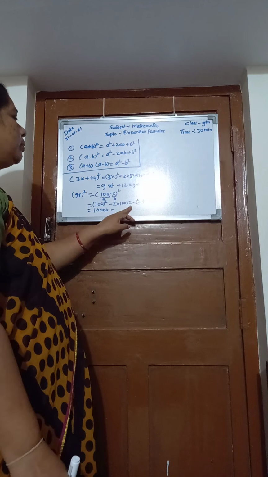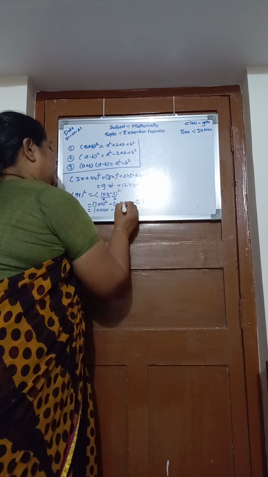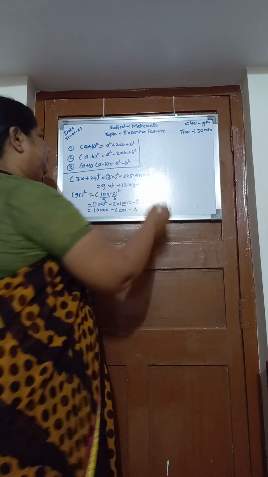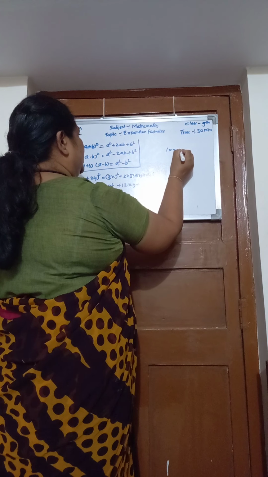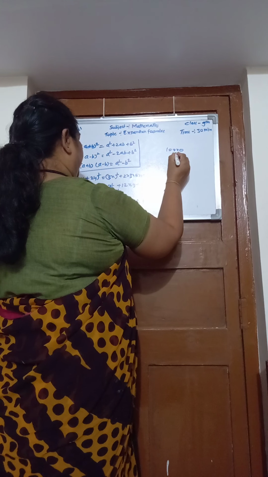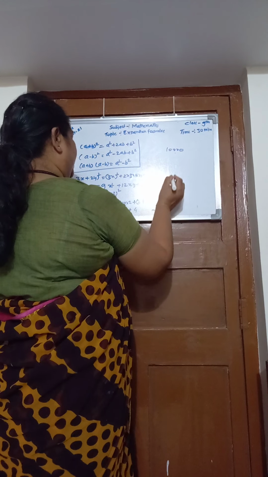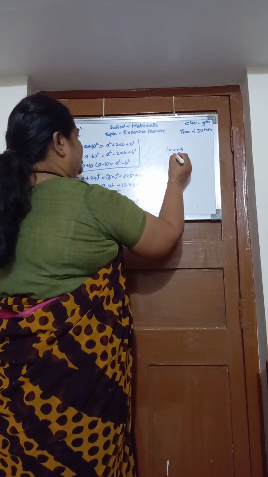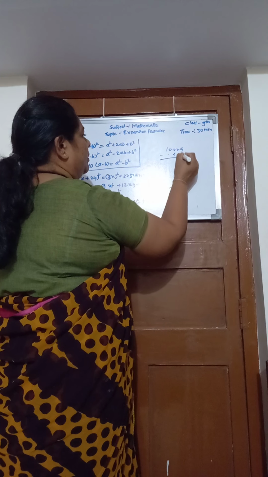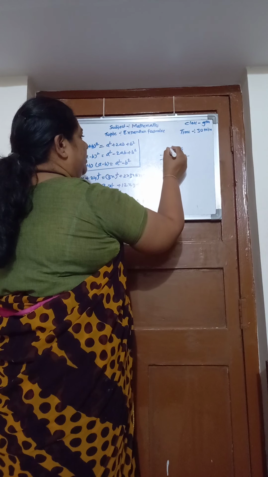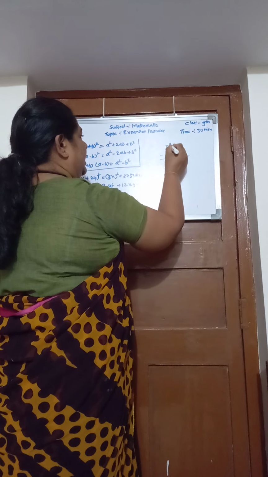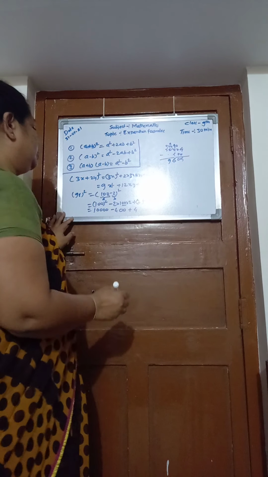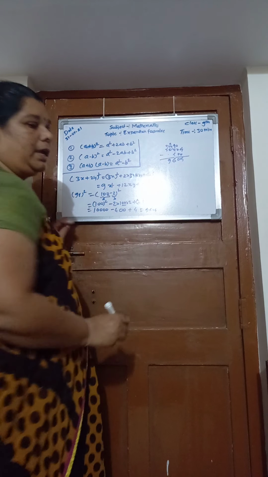Then 2 into 100 into 2 is 400, and 2 square is 4. So 10,000 minus 400 plus 4. 10,000 minus 400 is 9,600, and plus 4 gives 9604. The answer is 9604. Okay.